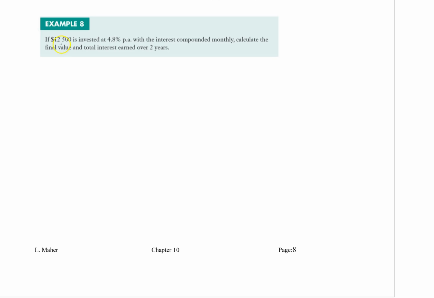If 12,500 is invested, well, obviously 12,500 is invested. This would be our P. At 4.8%, it's got its percentage on it, per annum, per year, with the interest compounded. Now that is really, really important.